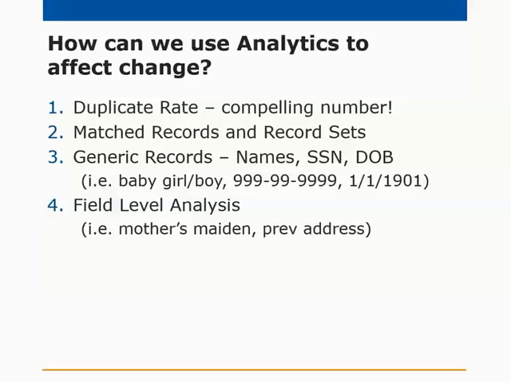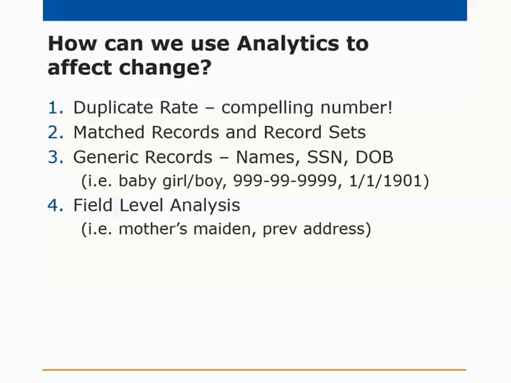So the analytics, besides duplicate rate, we'll talk about matched records and record sets, generic records, so name, social, date of birth. Those are some things like baby girl, baby boy is a generic name, all nines is a generic social, and 1101 is a common date of birth when you don't know someone's date of birth. Field level analysis, I talked a minute ago about maiden name, previous address.